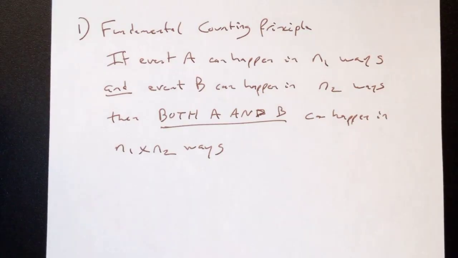This seems kind of dumb until we start to put it into a context. So how many different Pennsylvania license plates are there? That's how many different license plates are possible.